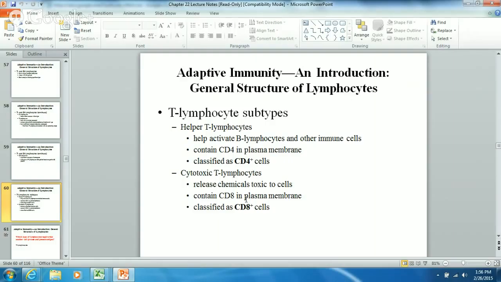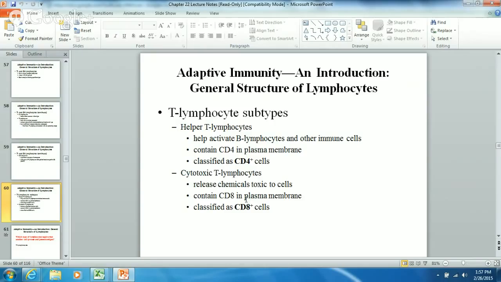So, for example, let's say that a helper T cell comes into contact with some macrophage that just engulfed a pathogen. So this macrophage engulfs a pathogen. He takes a piece of the pathogen, which is an antigen, and presents it on his cell membrane, and then the helper T cell scans that. Well, it's going to scan that, and it's going to go have a chat with the nearest B cell that it can find. The CD4 molecule on its cell membrane allows it to be able to have those conversations.